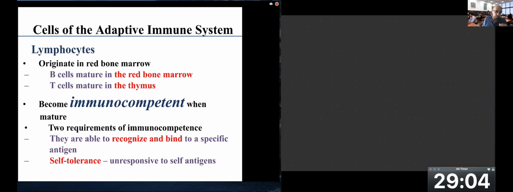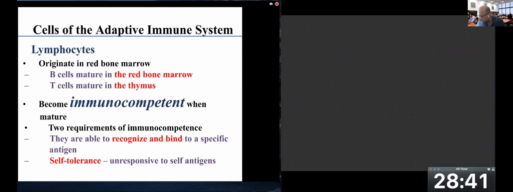This includes my lymphocytes, neutrophils, monocytes, eosinophils, basophils, all white blood cells, red blood cells, and megakaryocytes that will be producing the platelets. All of them are originating from my hemocytoblasts coming from the red bone marrow.